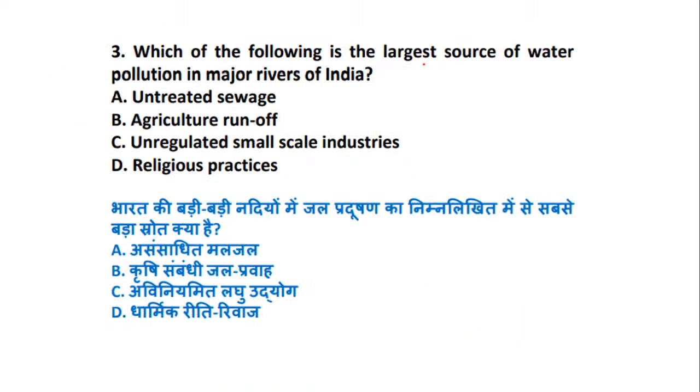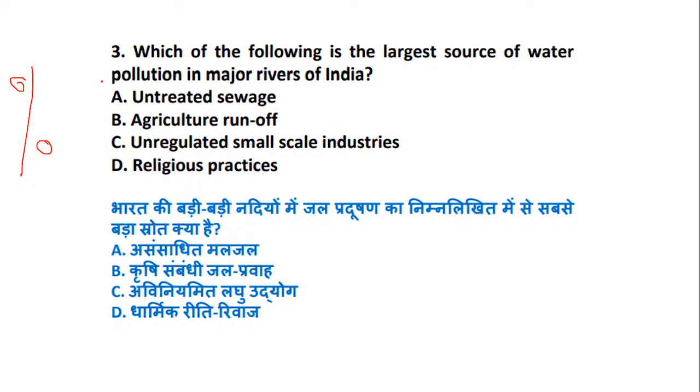Okay, now, which of the following is the largest source of water pollution in major rivers of India? And if you can tell me the percentage, you can get the question with percentage format also. In case you have seen the latest update with percentage, which I told you yesterday, it's better to keep the statistics in mind.